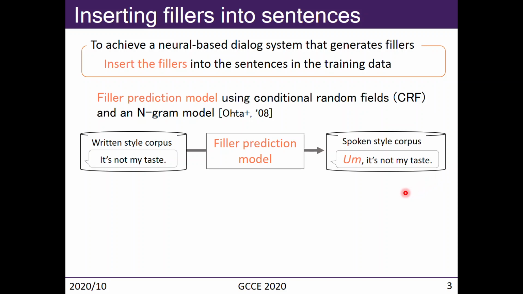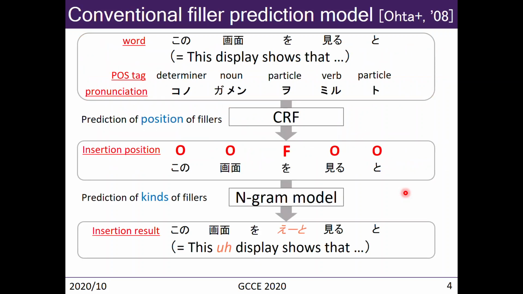Now, I'd like to talk about an overview of the conventional filler prediction model. This figure shows an overview of the conventional filler prediction model. Here, the target language of this study is Japanese, but an English translation is provided on this slide for explanation.